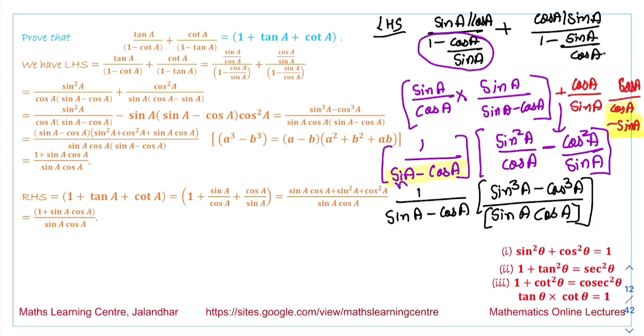Now what is the formula for a cube minus b cube? It is a minus b into a square plus b square plus ab.